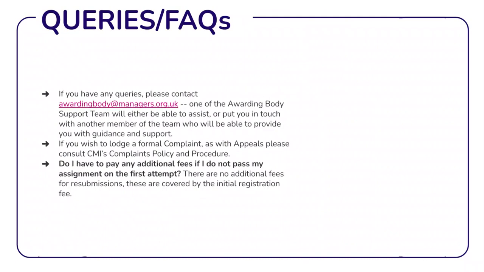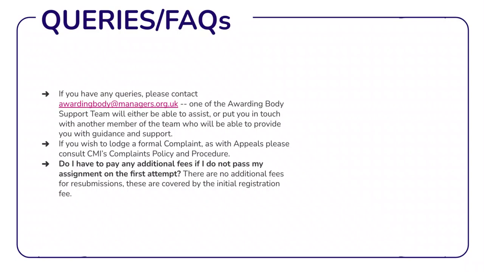If you have any queries at all, please do contact awardingbody@managers.org.uk. One of the awarding body support team will be able to either assist you with your query directly or put you in touch with another member of the team. We have a dedicated marker who will be able to handle certain queries.